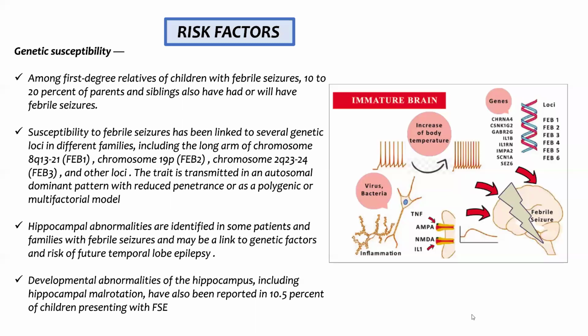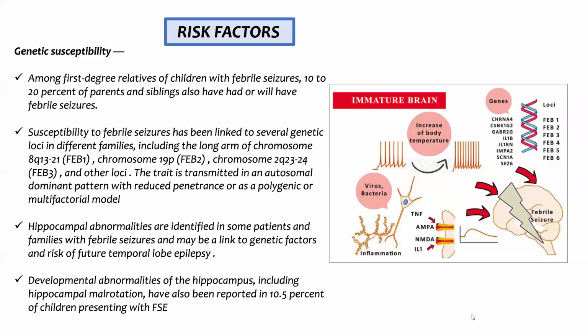For example, if somebody asks you whether a perinatal asphyxia or HI patient is prone to have febrile seizure more than a normal child, what would you answer? The answer is definitely yes. Even if you have an underlying structural abnormality, the risk of febrile seizure is very high. At the same time, if you have a congenital abnormality in the hippocampus, for example hippocampal malrotation, then also you will have a higher incidence of febrile seizures.